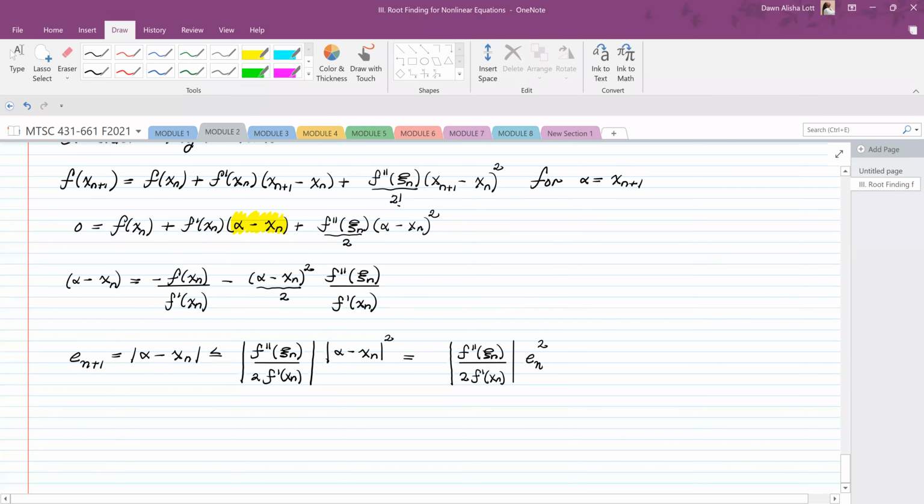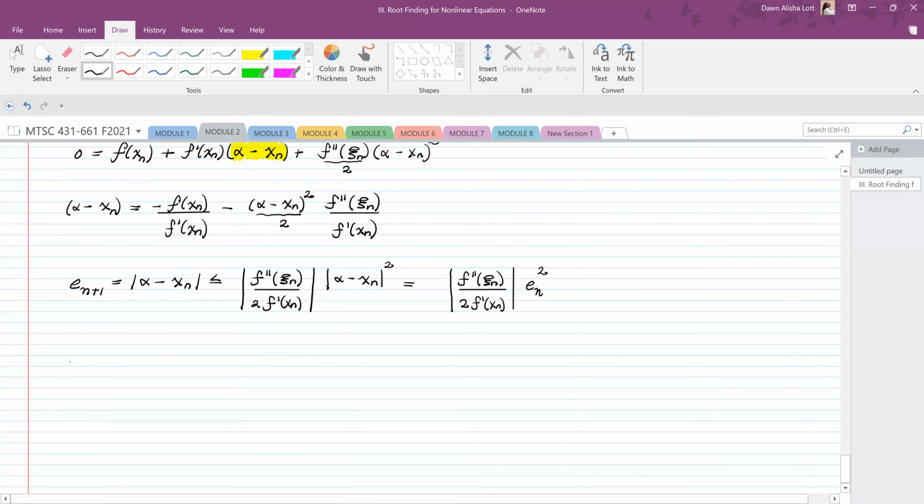So that gives us that en plus 1 is less than or equal to some number c times en squared.